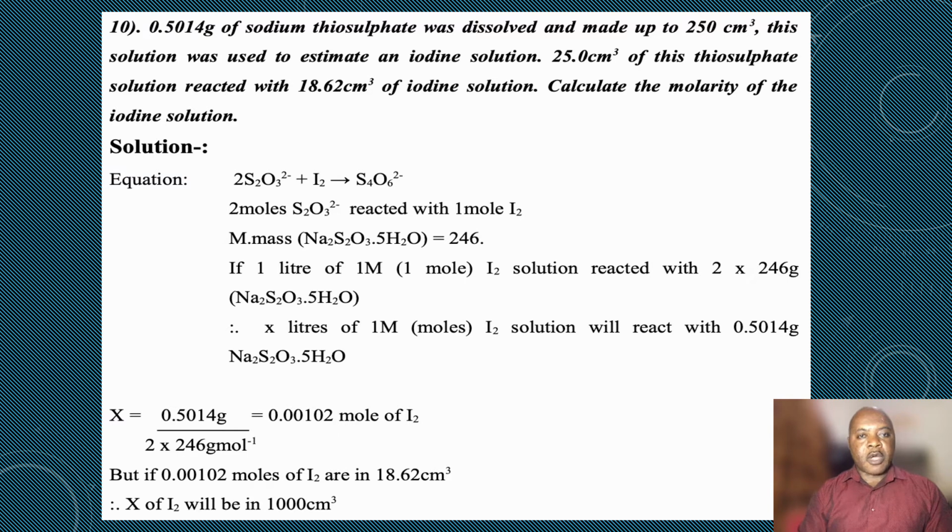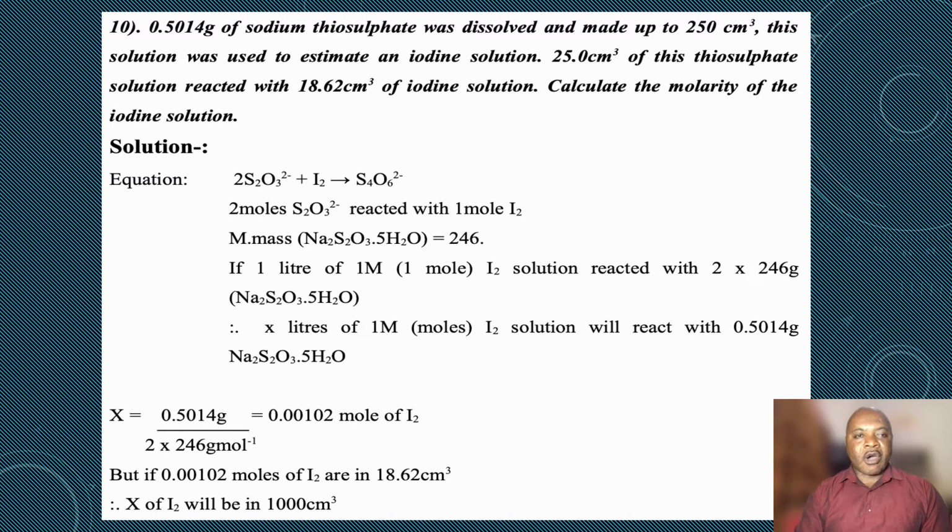0.51 gram of sodium thiosulfate was dissolved and made up to 250 cm cube. This solution was used to estimate an iodine solution. 25 cm cube of this thiosulfate solution reacted with 18.62 cm cube of iodine.